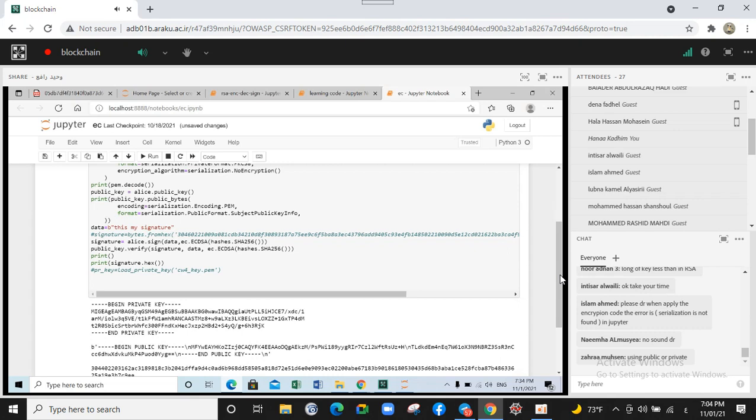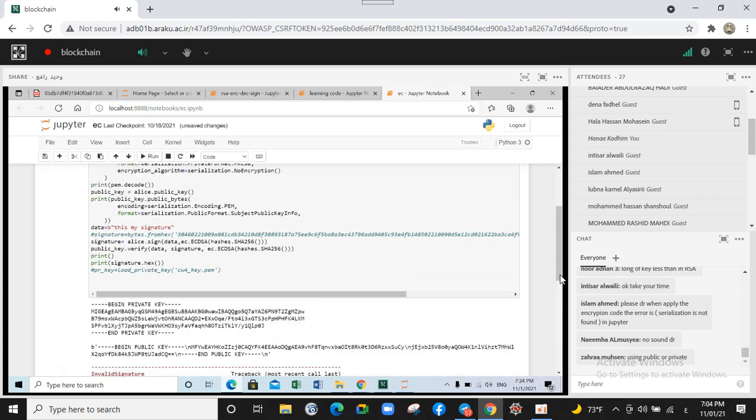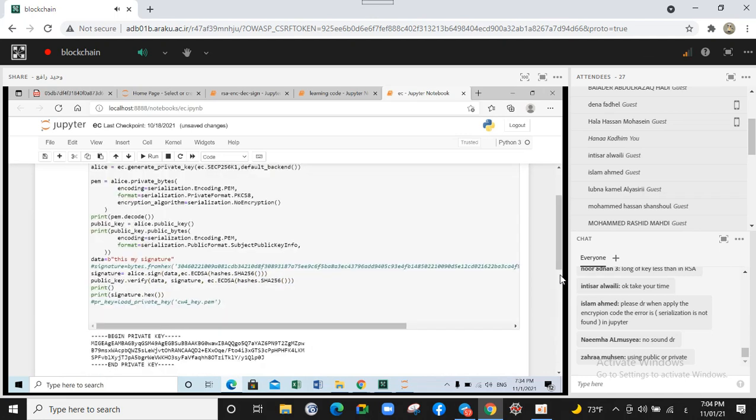Now everything is from hex. It's a hex print. Okay, so public key verify signature data. Valid signature. Okay.